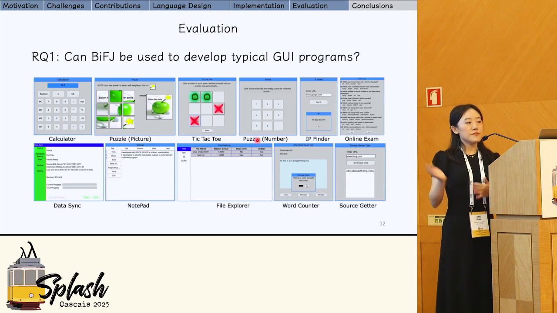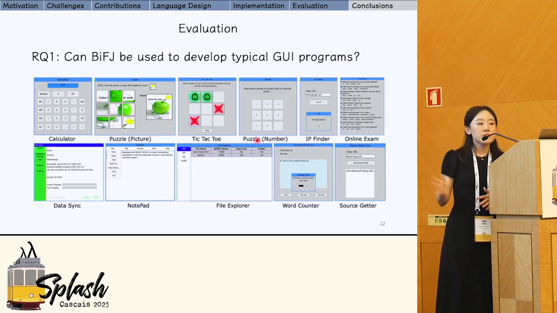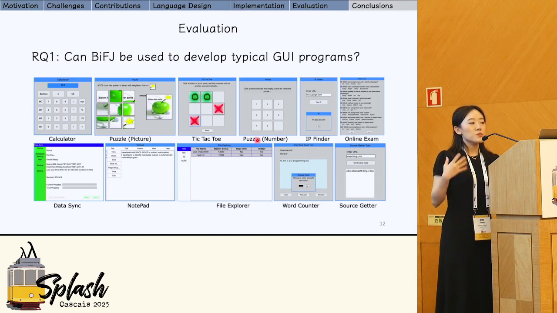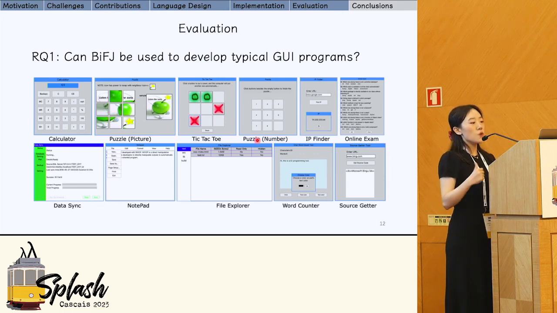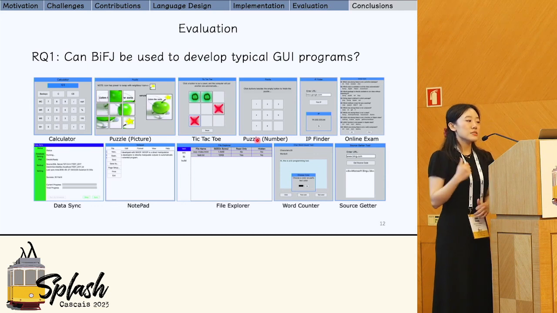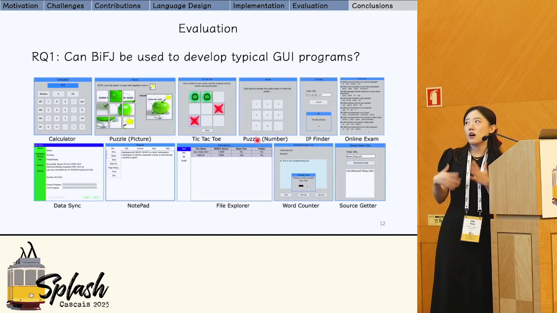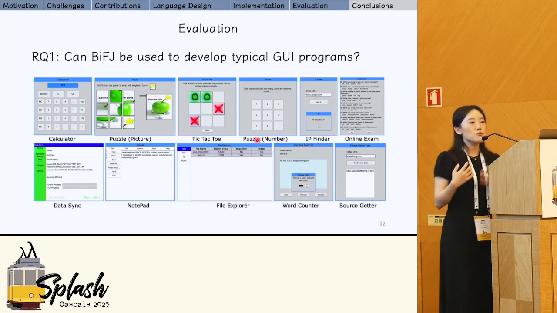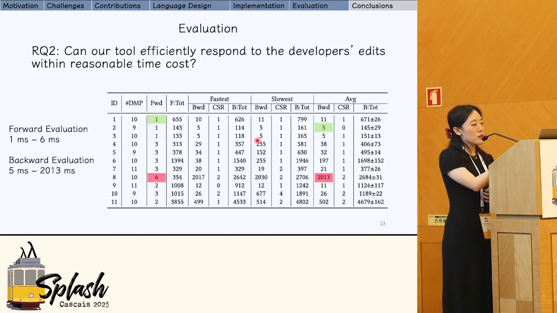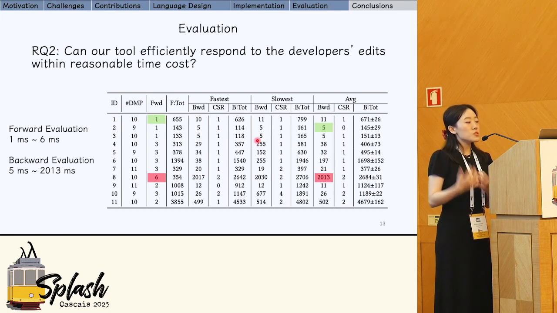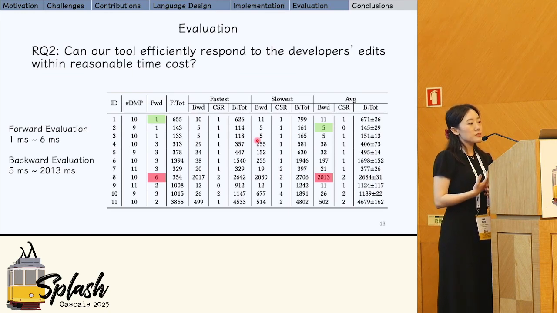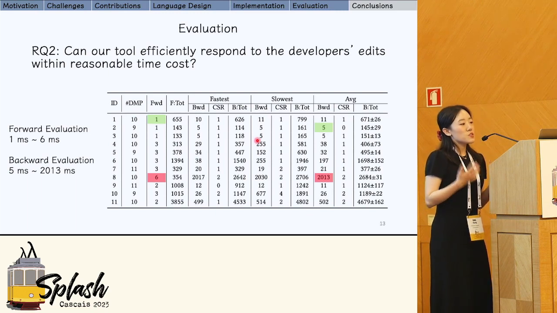Then, in the evaluation, we collect 11 classic benchmark programs of a Java Swing tutorial and reproduce them using BiOOP to demonstrate our tool can be used to develop typical GUI programs. Second, to demonstrate the effectiveness of our tool, we conduct a performance experiment by measuring the execution time for the 11 benchmark programs.